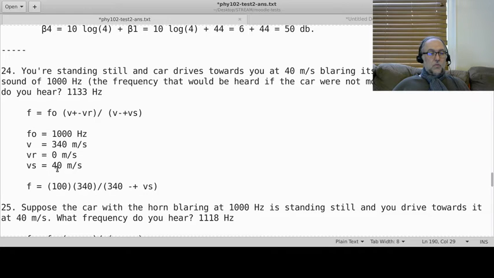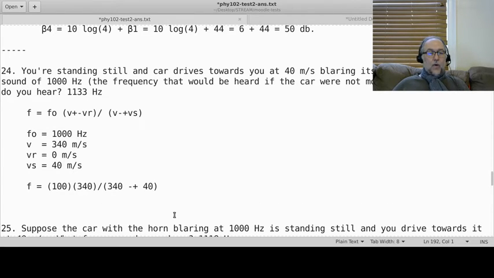So the source is moving at 40 meters per second, and the question is, do you want the plus or the minus? Well, if you chose the plus, your denominator would be bigger than your numerator, and you would get a number less than 1,000. So that's wrong. It has to be greater. Why?